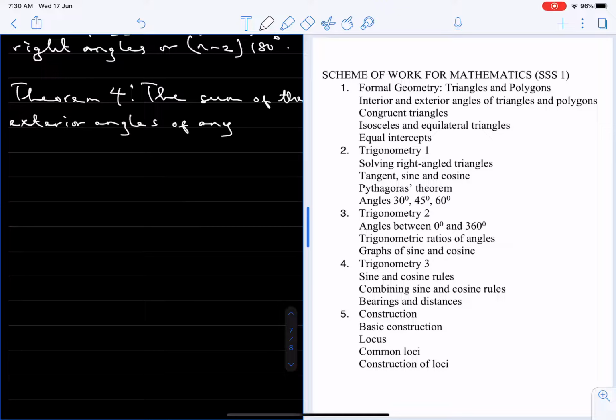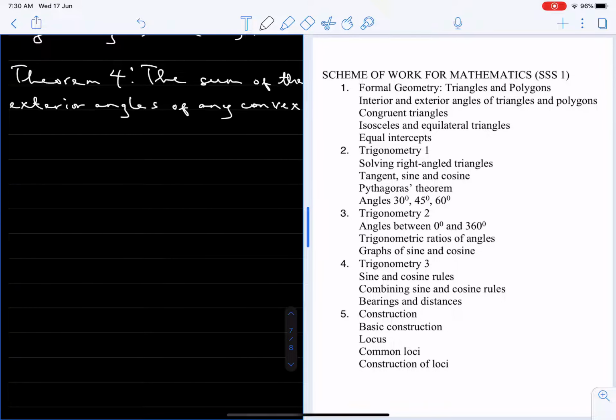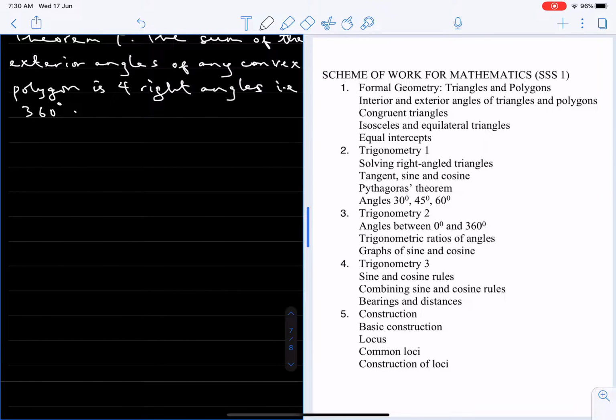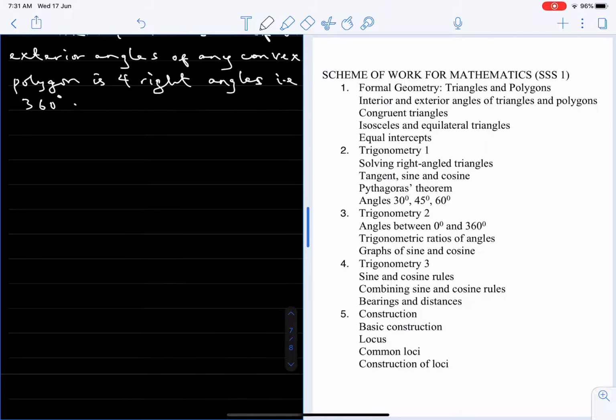Of the exterior angles of any convex polygon, any here is stressed, because whatever that kind of polygon is, this rule applies, is 4 right angles, i.e. 360 degrees. Of course, you know that 4 right angles is 360 degrees. The right angle has a size of 90 degrees.